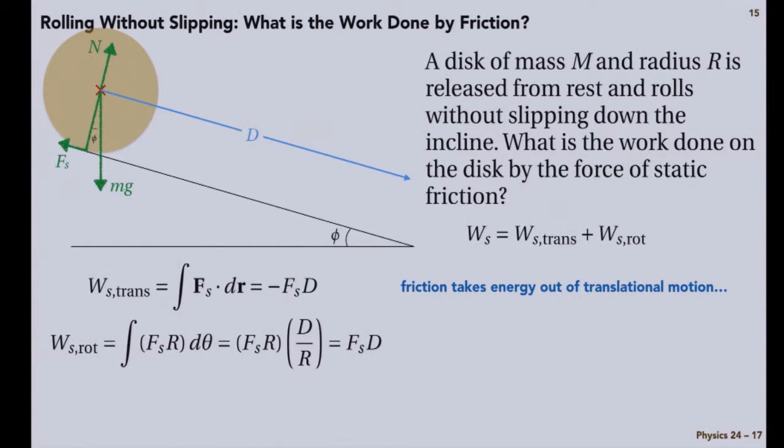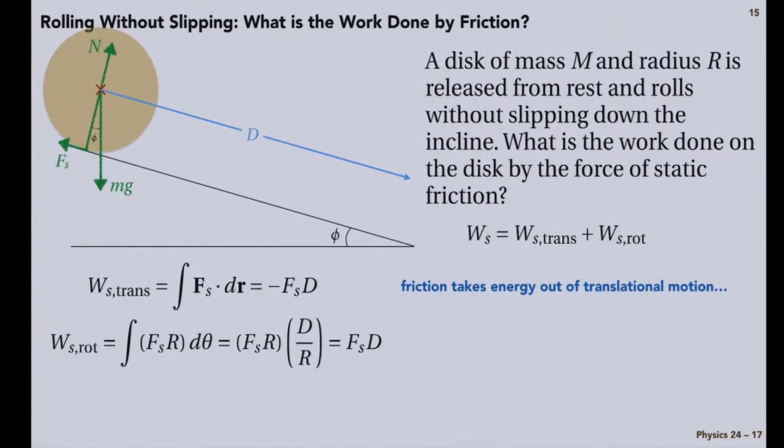The torque of static friction about the center of mass is F sub s, which is perpendicular to the radius, right? So it's just F sub s times the radius multiplied by a little change in the angle, and that should be a phi.